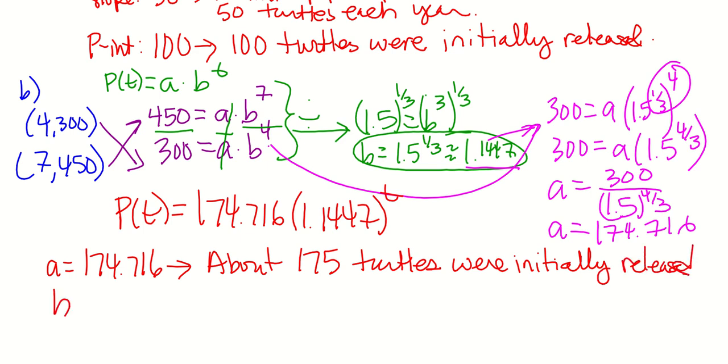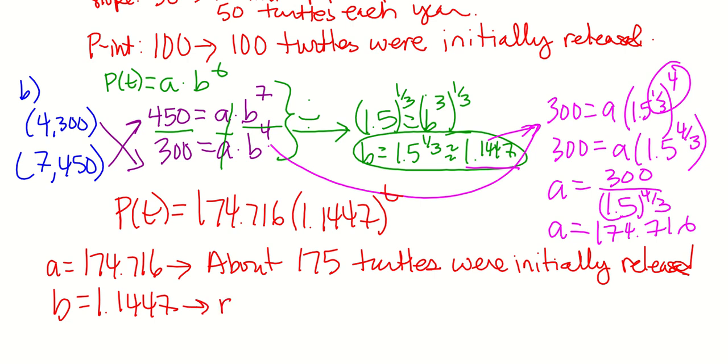And my B value is 1.1447. And for me to interpret that, I'm going to find my R.